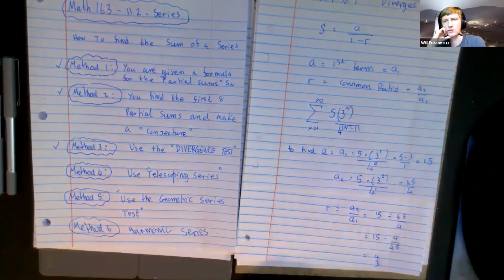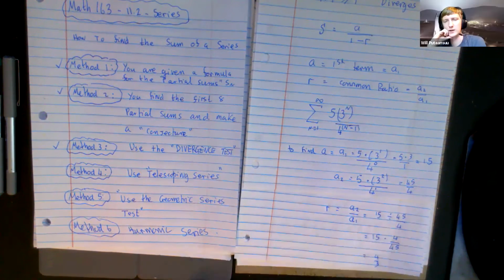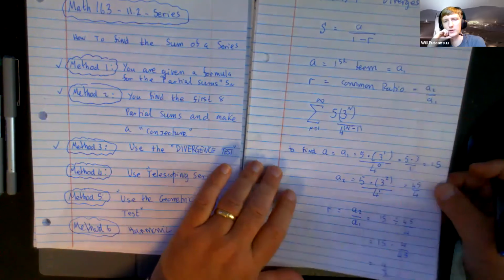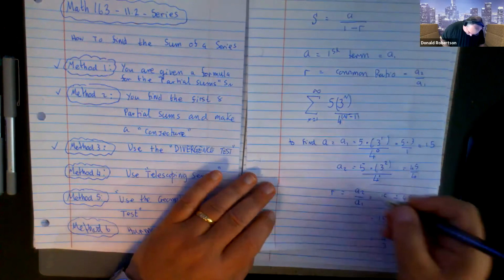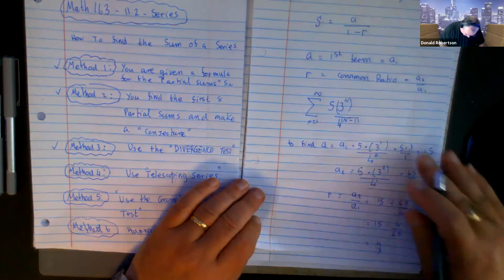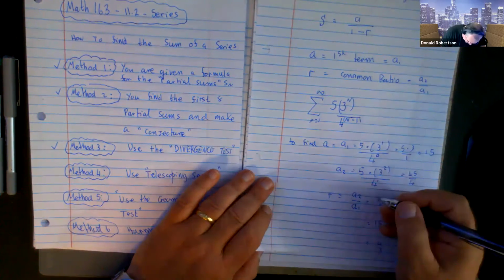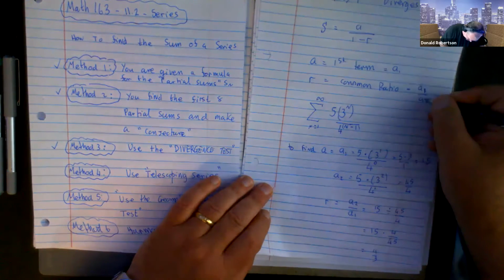Okay. Question. Did you screw up the division backwards? Because you did 15 divided by 45 over 4, but I think it should be the other way around. Oh, shoot, thank you. It should be A1 divided by A2. Yeah, it's early in the morning.